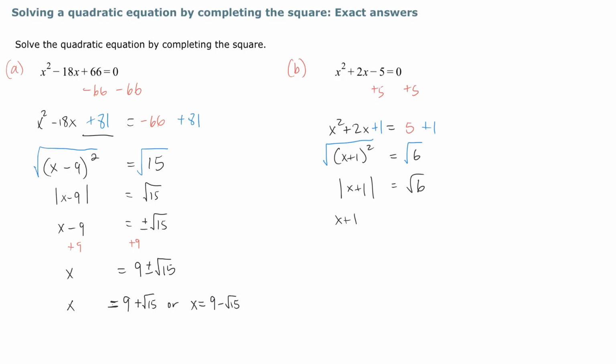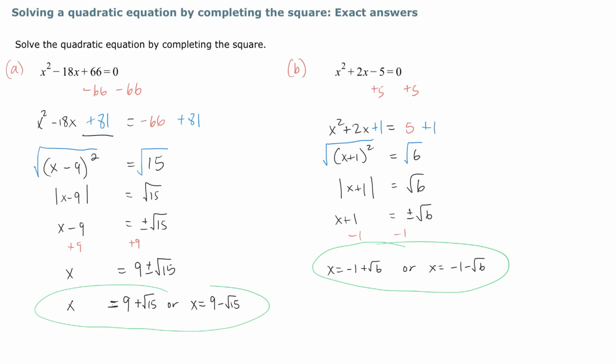We write x plus 1 is equal to plus or minus root 6, and then subtract 1 from both sides. And notice we get x is equal to negative 1 plus root 6, or x is equal to negative 1 minus root 6. And let's circle our exact answers. Those are our exact answers.